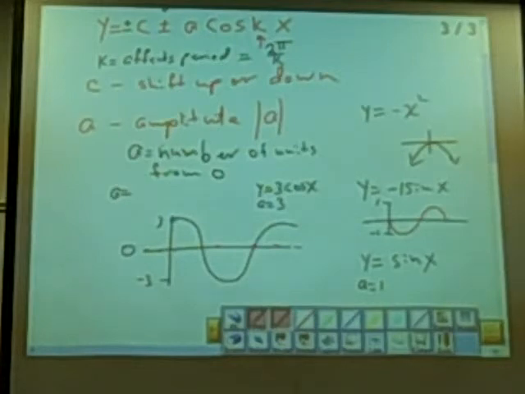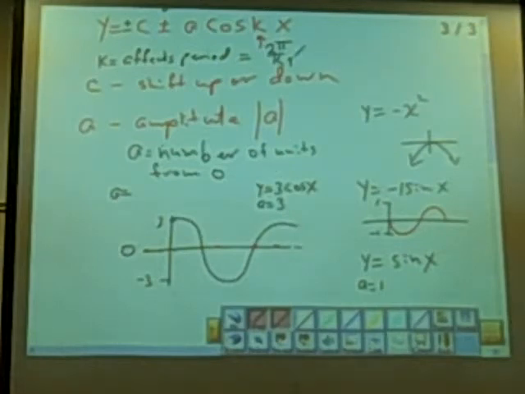Alright, so as k gets larger, what happens to 2 pi over k? As k gets bigger, like 4, 8, 100, now what happens to the period? It shrinks, right. The fraction gets smaller.